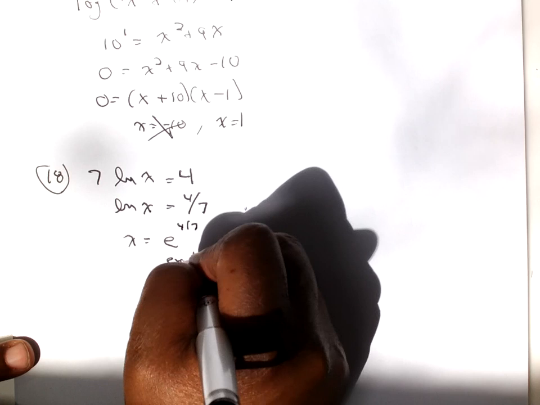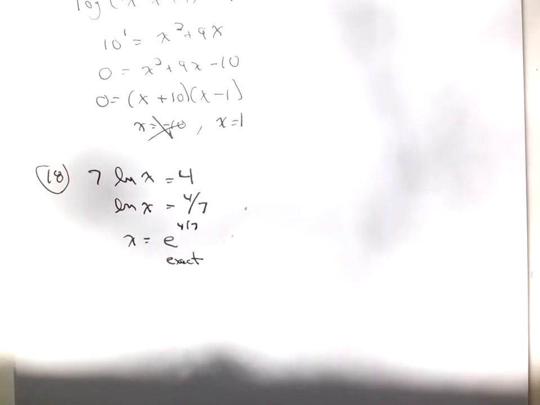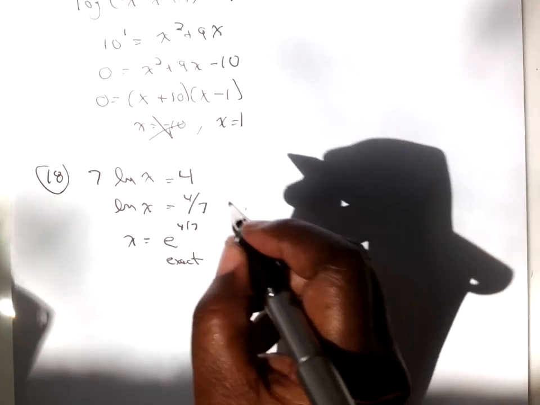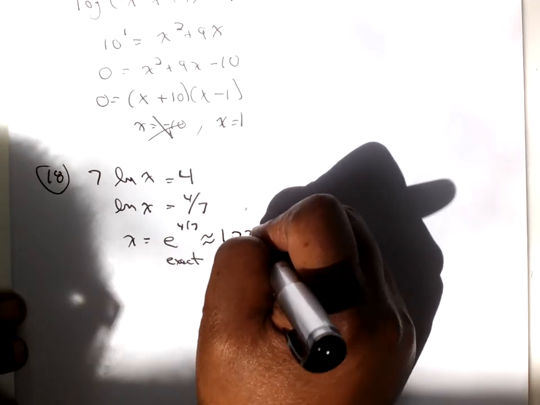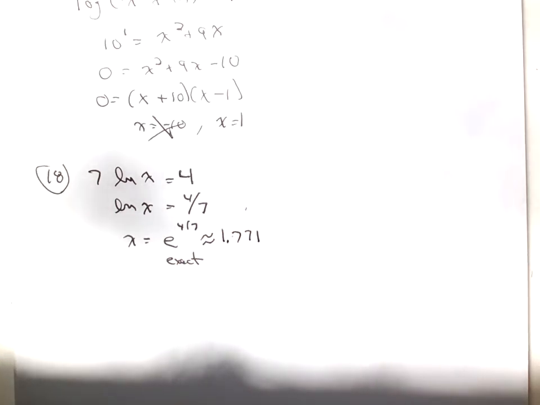So again, that's the exact answer. And then I'm going to plug it in my calculator to get an approximate. And again, rounding to 3 decimal places, I get 1.771.